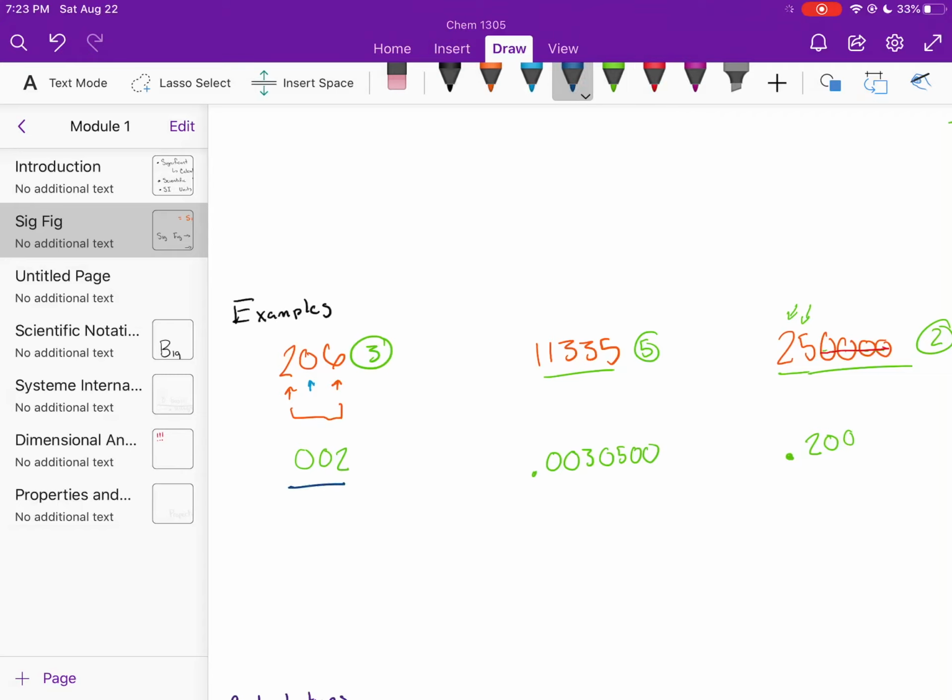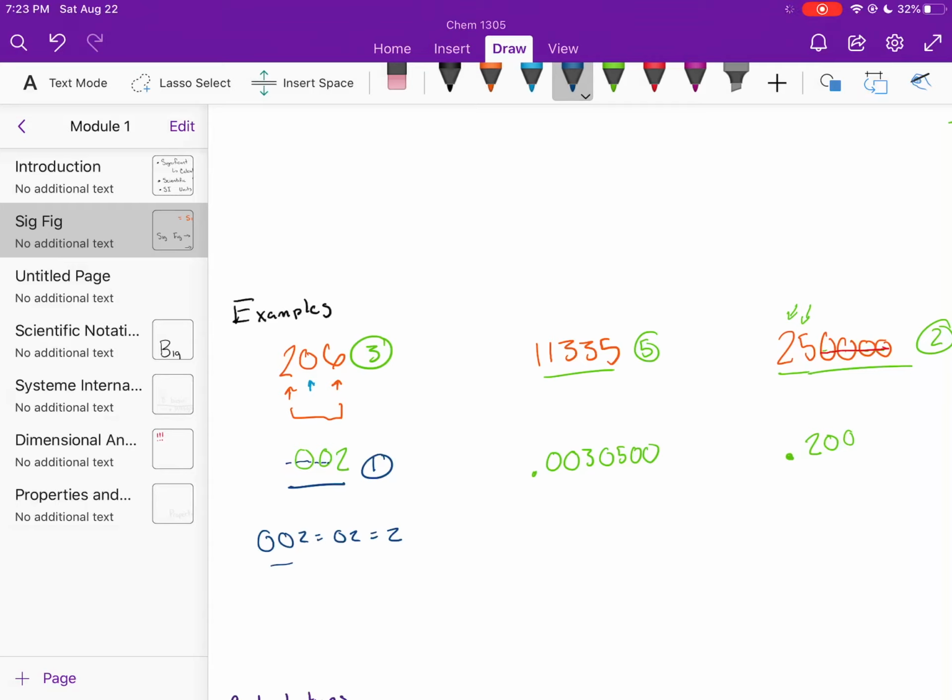So let's do this one, 002. There's only one significant figure here. Why? Because leading zeros are always not significant. If a number starts with a 0, it's not significant. And if you think about it, all these numbers are the same: 002, 02, 0, or just 2.